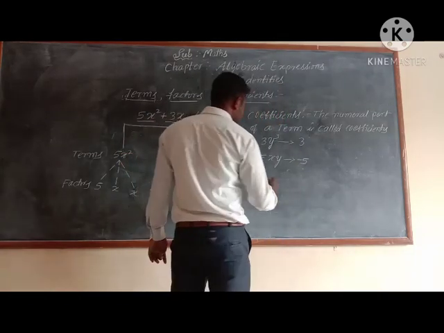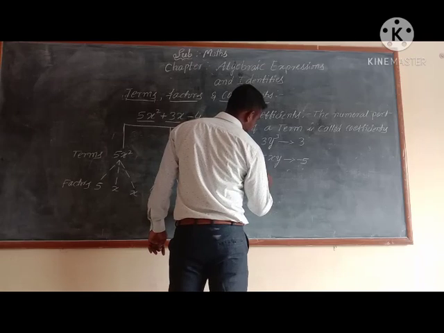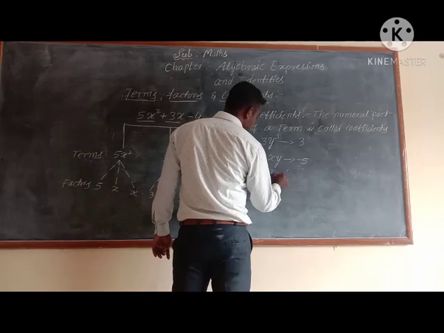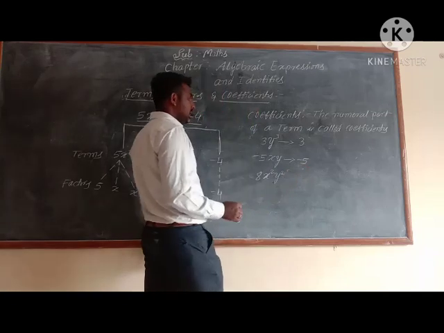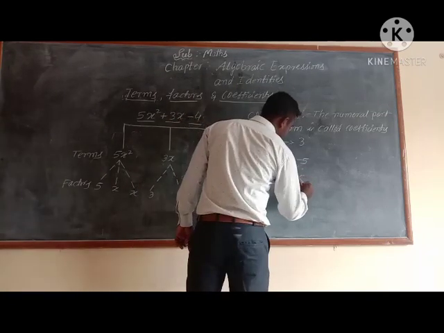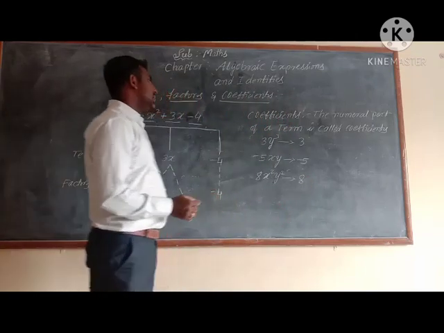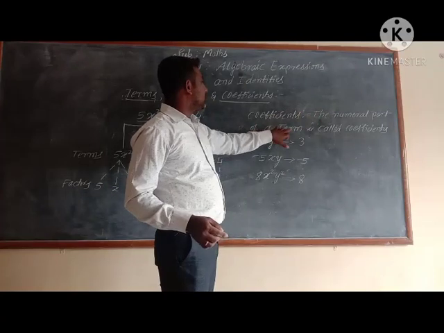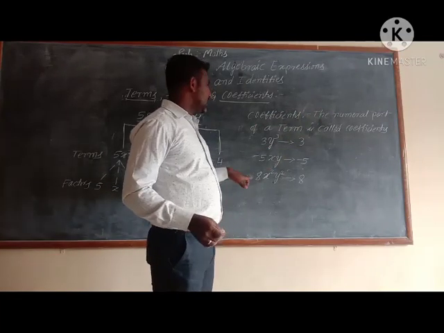Then 8x square y square: what is the coefficient? Plus 8. In general, the numeral part of a term is called the coefficient.